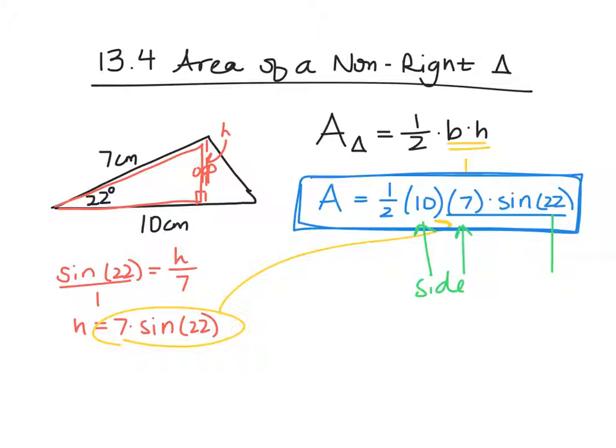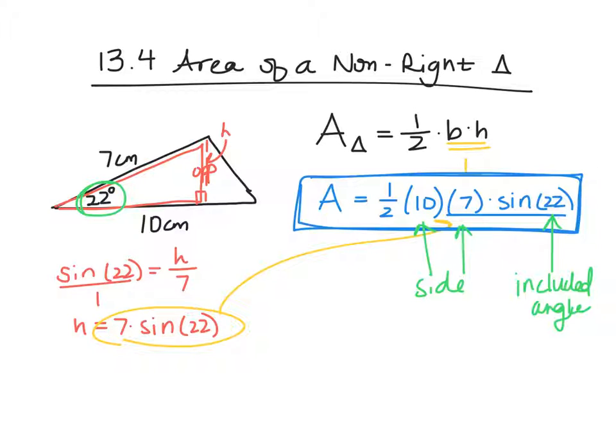And then the angle that they give us, if this is going to be sine, the angle they have to give us ends up being what we call an included angle, because it's the angle between the 2 known sides. So this is the included angle. So no matter which 2 sides, as long as they give us an included angle, we can use this formula. So notice that it's very similar to the original formula for the area of a triangle. We just have to make some adjustments because the height itself is not given.